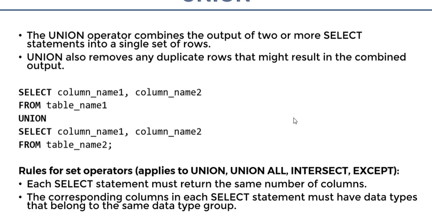A data type group just means that the data types are identical or similar enough that the SQL engine is able to do an automatic data type conversion. For example, if the first column in the first statement was an integer data type and the corresponding first column in the second statement was a date data type, we would likely get an error message, as integer and date types are incompatible.